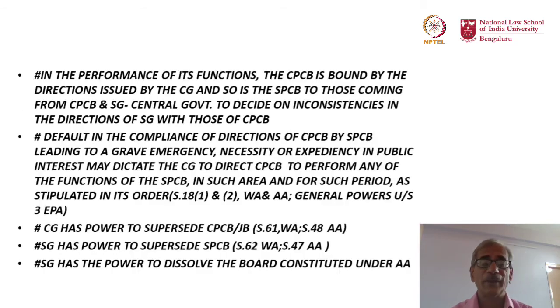that have been prescribed to it in very general terms by the center under the central law. The second point, in the performance of their functions, the Central Pollution Control Board is bound by the directions issued by the central government. The point is simply this: the Central Pollution Control Board primarily has an advisory role, the role of an expert, the role of an educator, the role of a trainer.